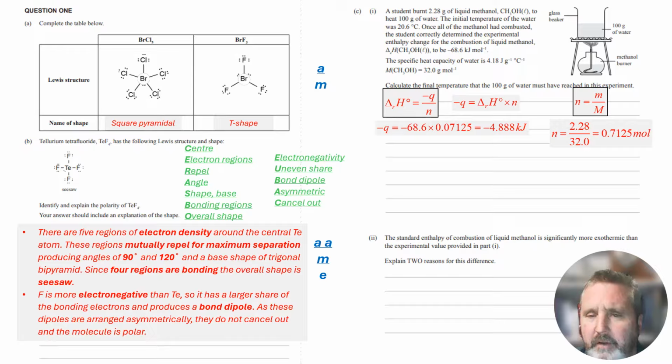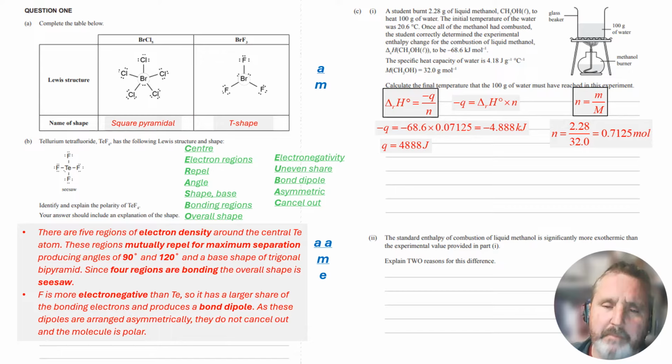To put this into our heat capacity equation, I have to convert this to joules. To convert kilojoules to joules, I multiply this number by 1,000, and remember, I am cancelling out the 2 negative signs. So the answer I get here is 4,888 joules. That's the answer for Q.